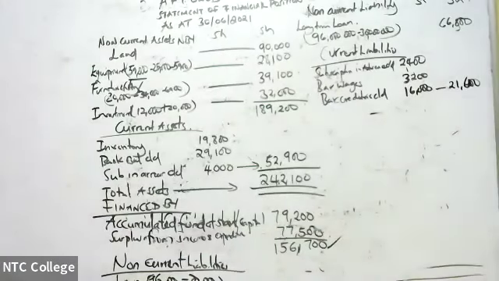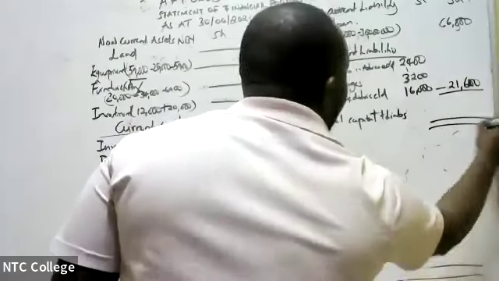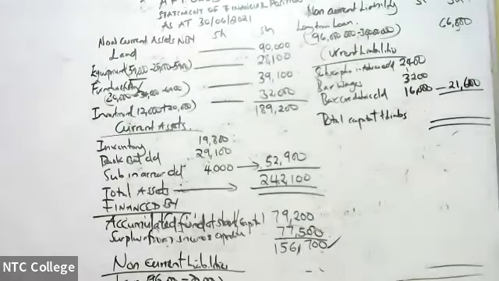So add for me capital, that's 156 plus, capital plus liability. Add for me those figures. 7,600. Total capital plus liabilities. It's 240.